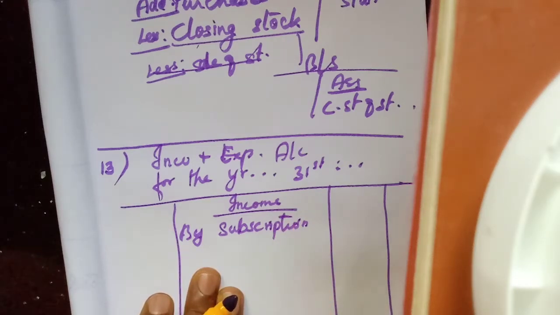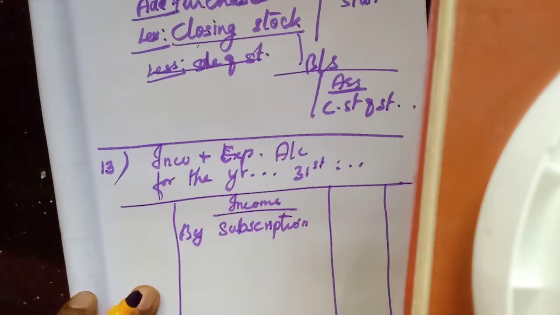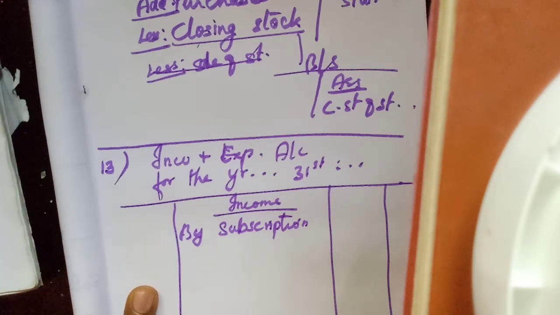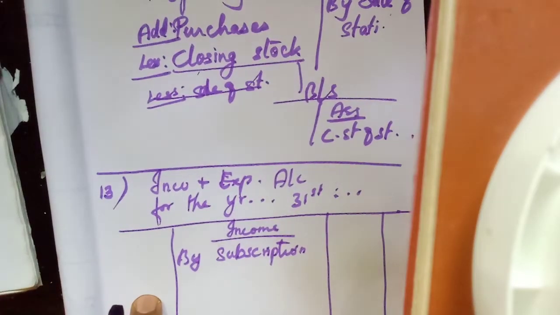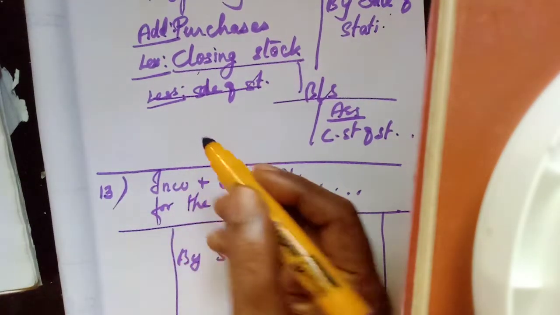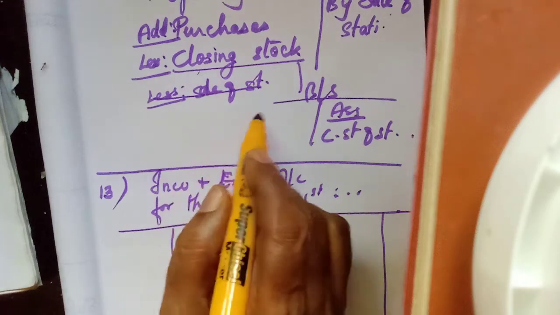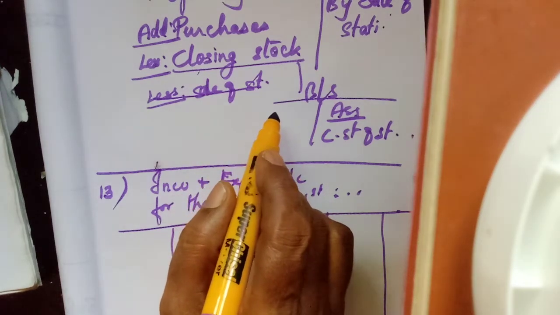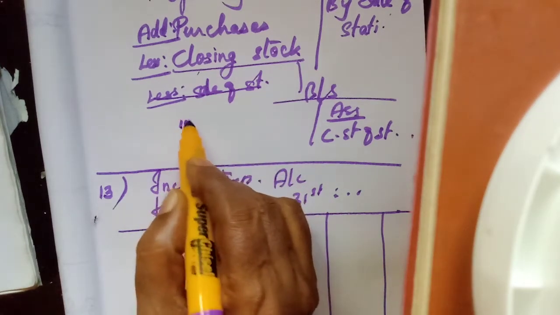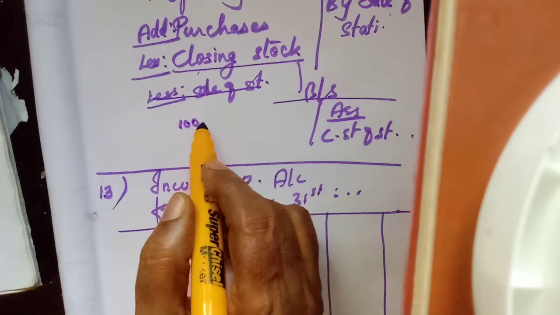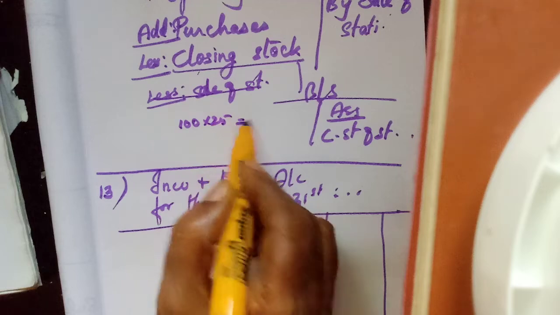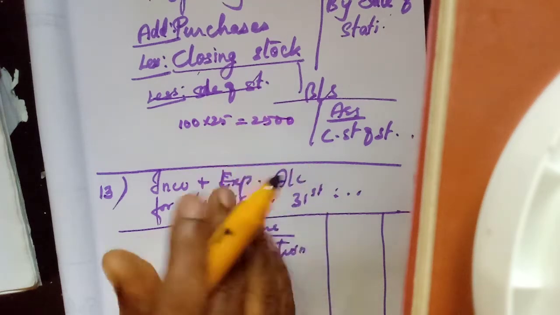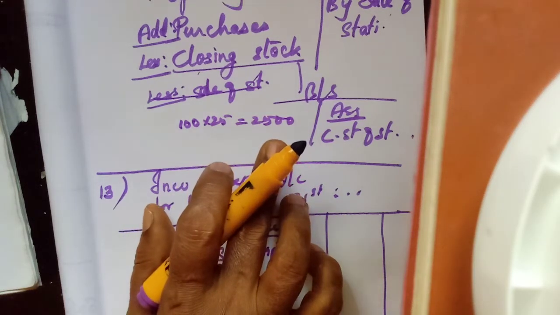Here actually we need to calculate how much we are supposed to receive. Here how much they have received is not given clearly. So how many members are there? 100 members, 100 into 25 rupees. So 100 into 25, 2500. We are supposed to receive this much amount.